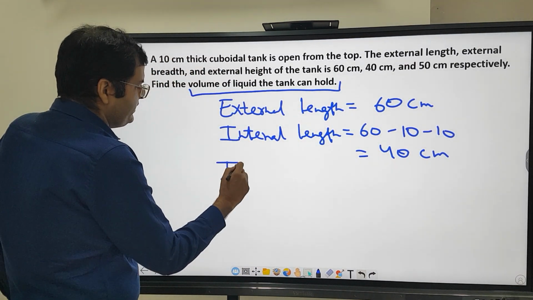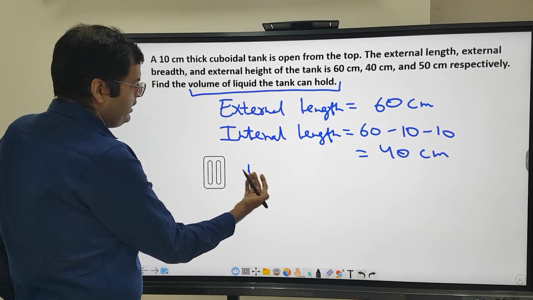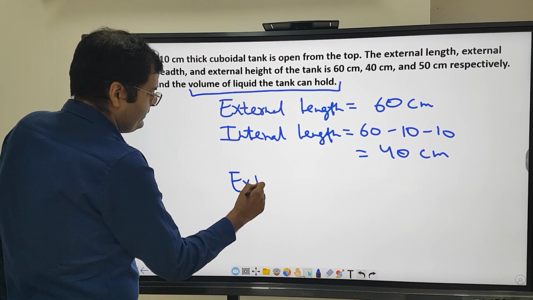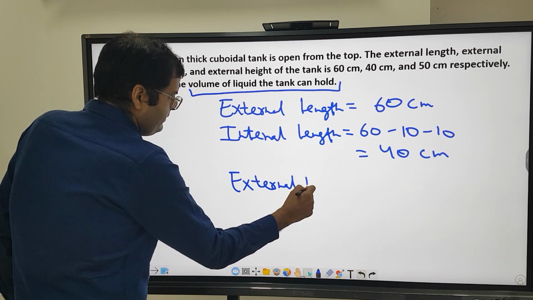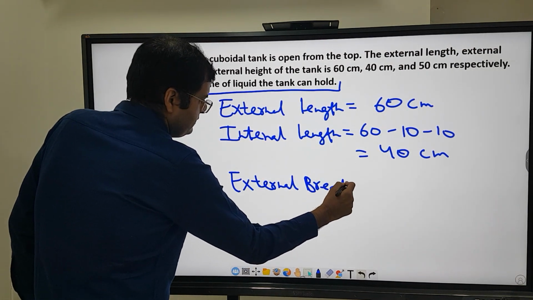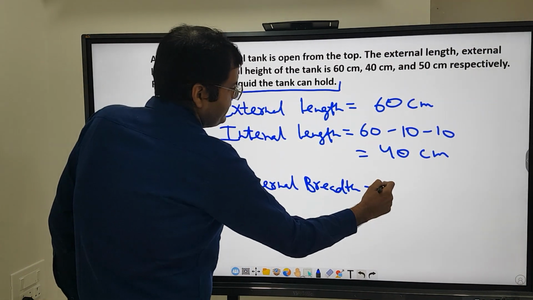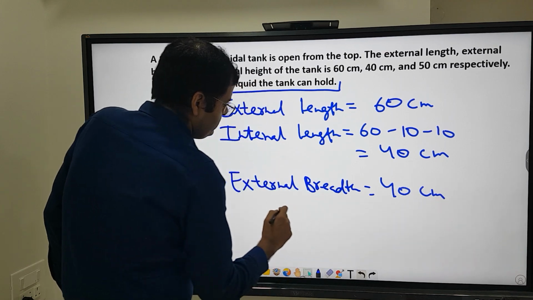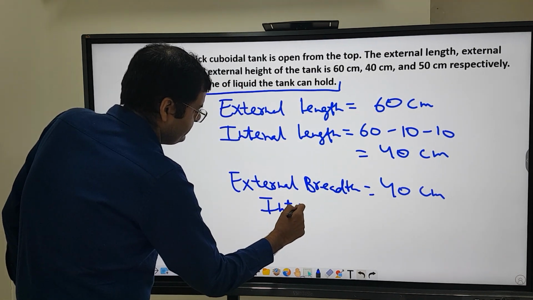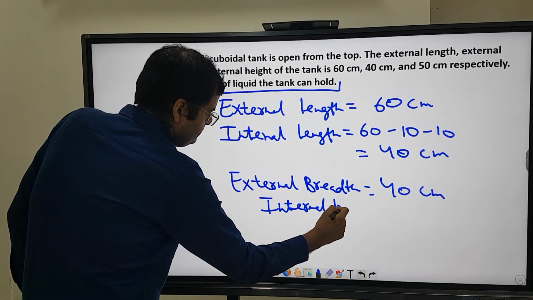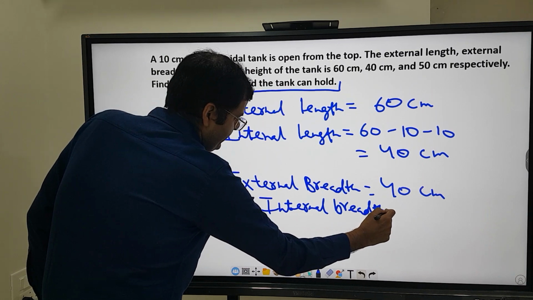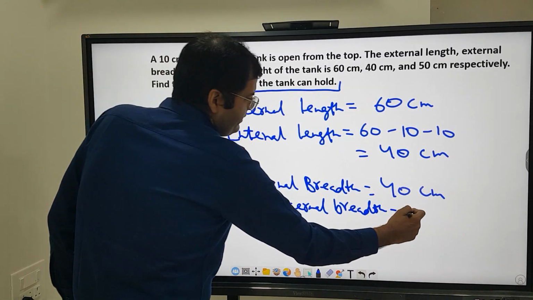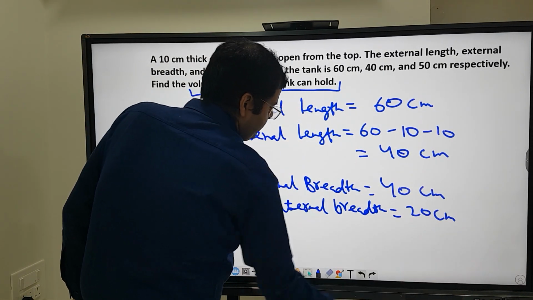By the same logic, the external breadth is 40 centimeter, so my internal breadth will be 40 minus 20, which is equal to 20 centimeter.